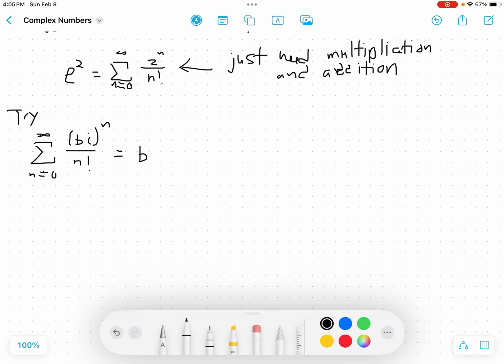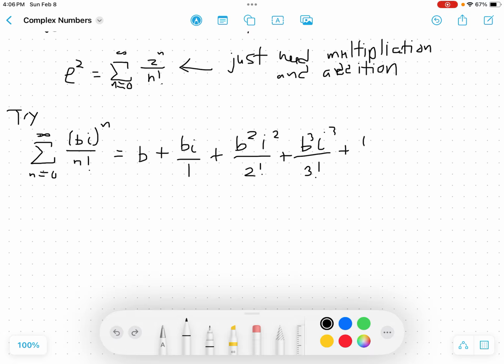So we should just have 1, and then bi over 1 factorial, which is just 1, b squared i squared over 2 factorial, etc. And maybe I'll go one more.